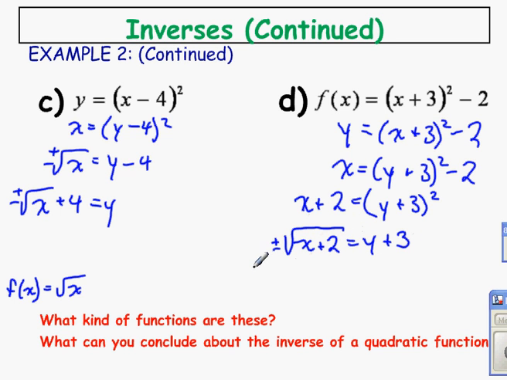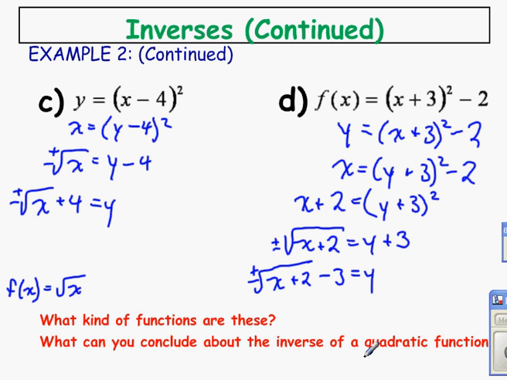And then we subtract 3. So we end up with plus or minus the square root of x plus 2, and then minus 3 equals y. Okay, and the same as the last example C, we have the plus or minus root, which means this is not a function because we have positive and negative parts of the graph. So it's going to look like an entire sideways parabola rather than just half a parabola, like the root function.